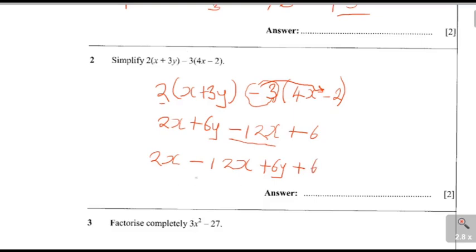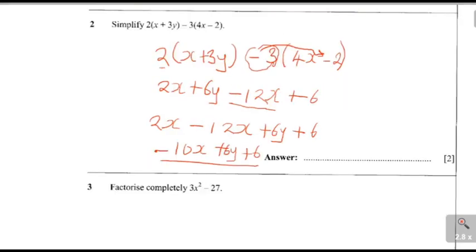So 2x minus 12x gives us negative 10x, plus 6y, then plus 6. So this is our answer: negative 10x plus 6y plus 6. So we end there. We now move on to the third question.